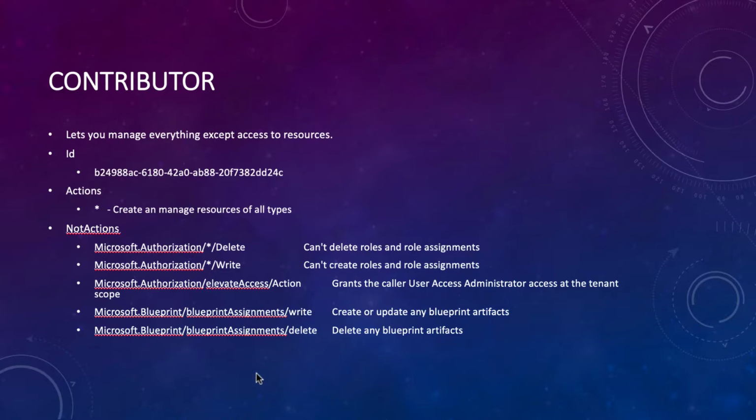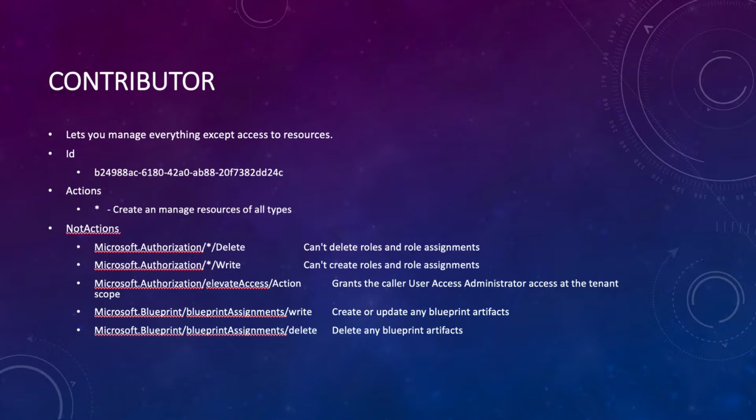So one way of creating custom roles is to download any of the already in place roles and manipulate their not actions or actions in order to create your own custom roles.